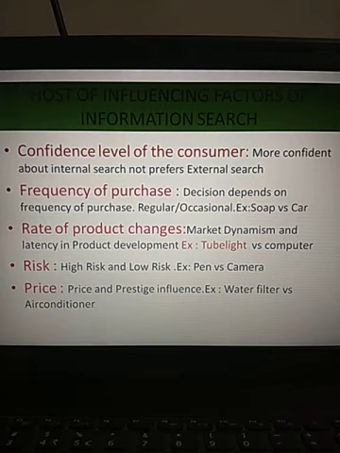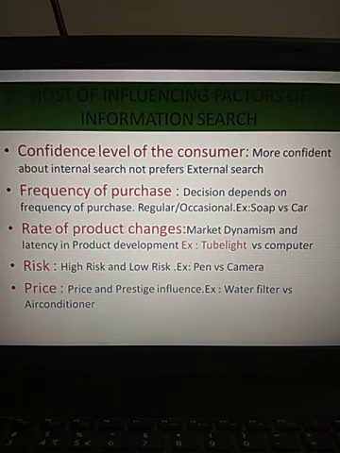Price, and prestige about owning the product, are also very influencing factors. Like purchasing a normal water filter versus an air conditioner. An air conditioner is after all a matter of respect for middle-class families.